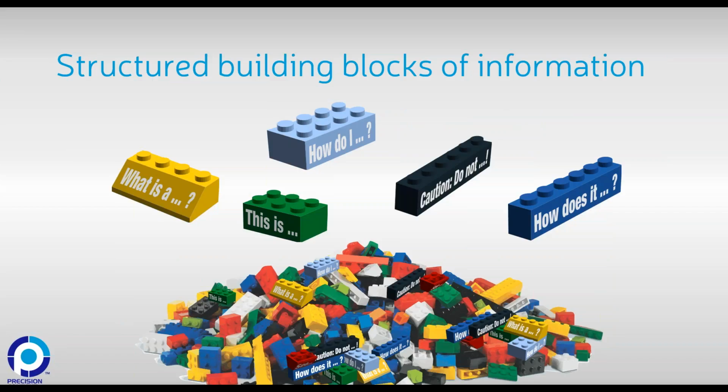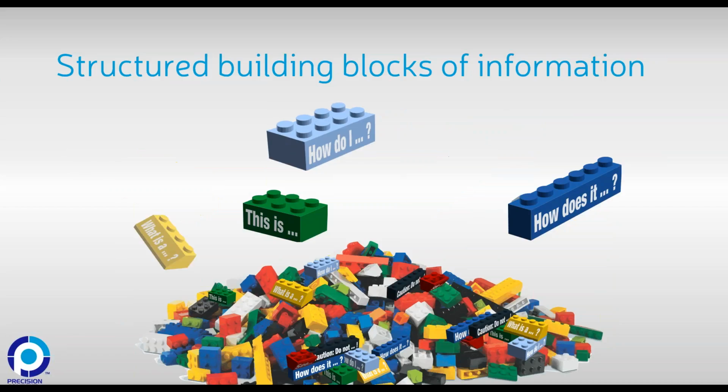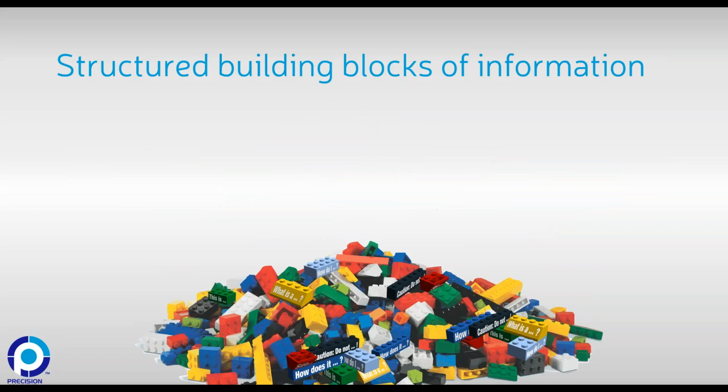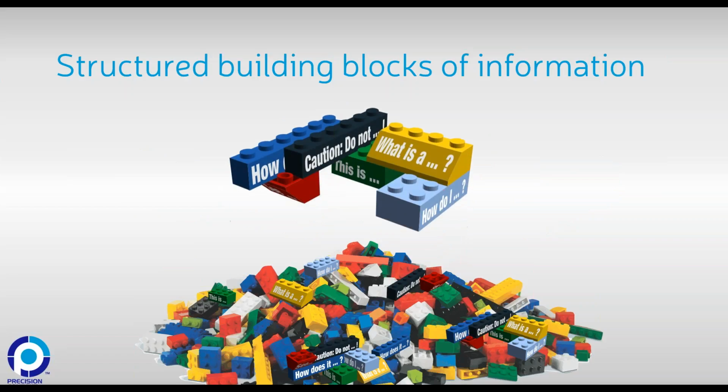Each piece of information is standardized in how it's written, how it's labeled, and how it's typed. With this, it allows us to create information products from it, assembling blocks into topics and then topics into maps for publication.